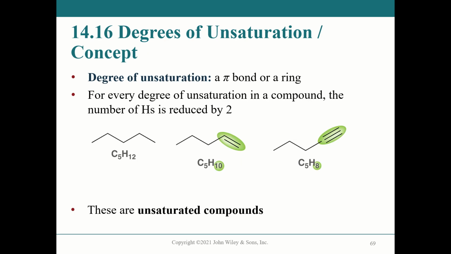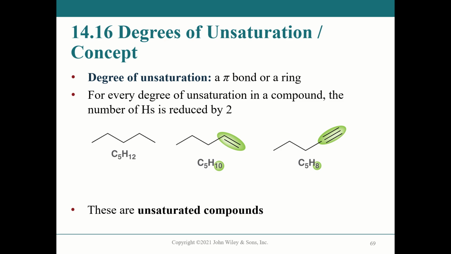For example, looking at pentane, C5, the maximum number of hydrogen would be 5 multiplied by 2, and then adding 2 to that, which gets us 12. If we have a formula of C5H12, the maximum number of hydrogen that a 5 carbon molecule can hold is 12 hydrogen.